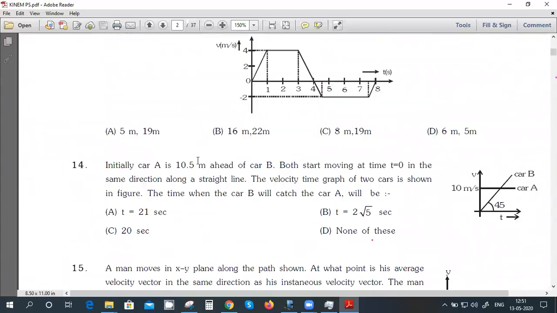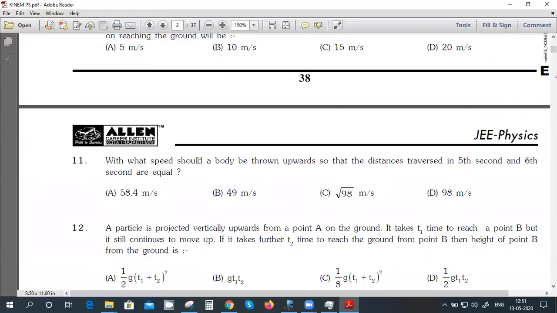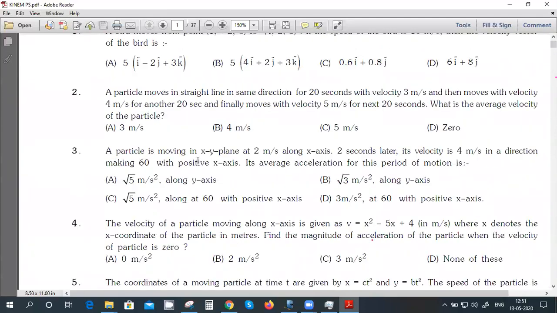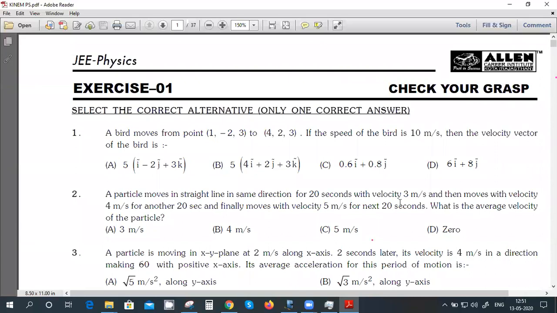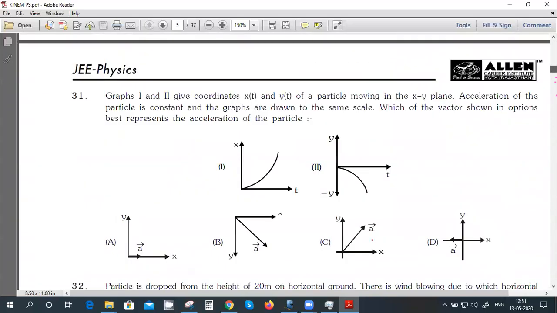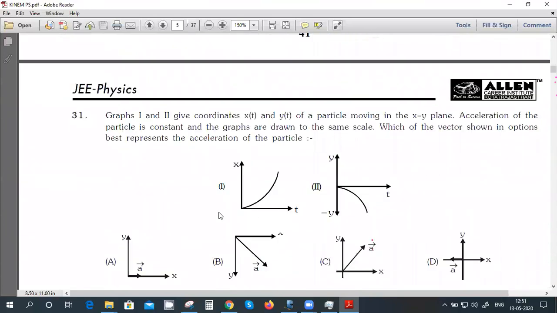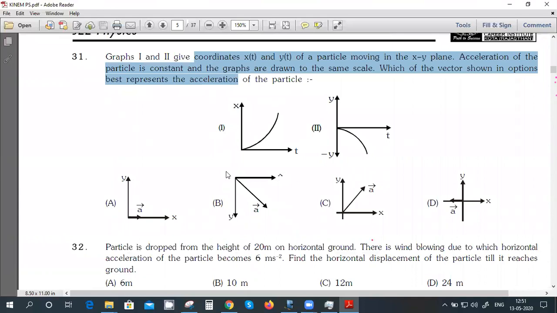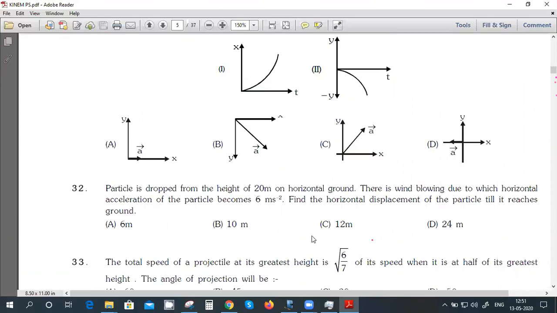Sir, I think around 30 to 40 questions is all. Exercise 1 you have done fully, yeah, but there are some graphs and all, no? Are you able to do these things? Yes, sir. These I can do. Okay.